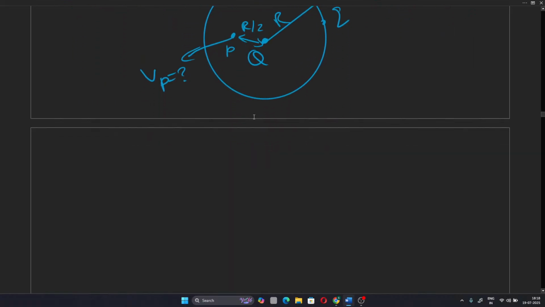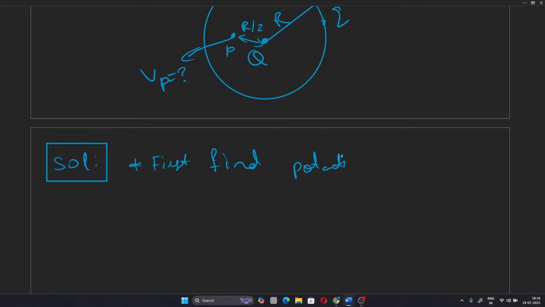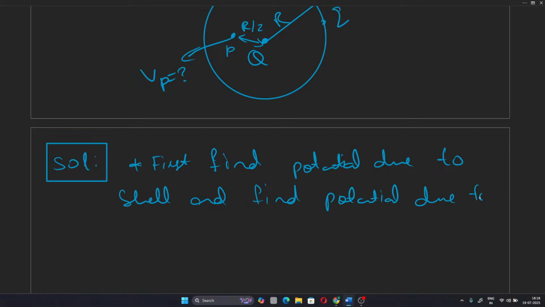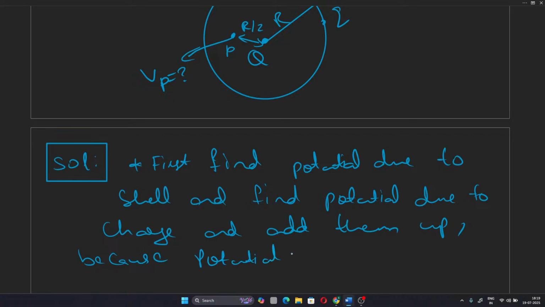And there are two concepts here. First, we need to find the potential due to the shell and find the potential due to the charge and add them up, because potential is scalar.